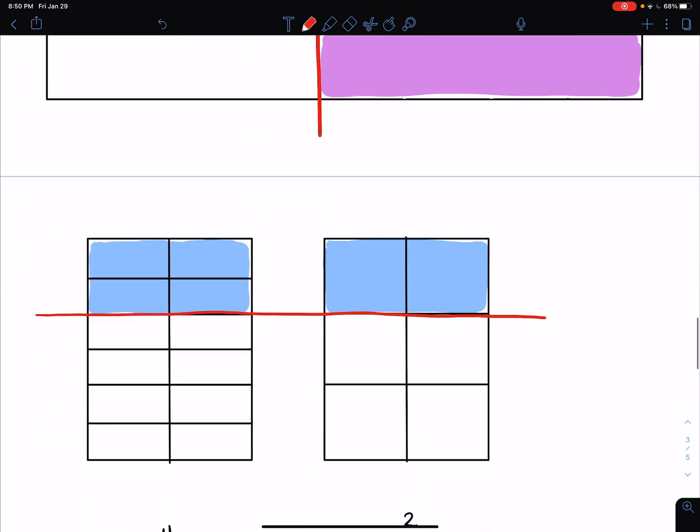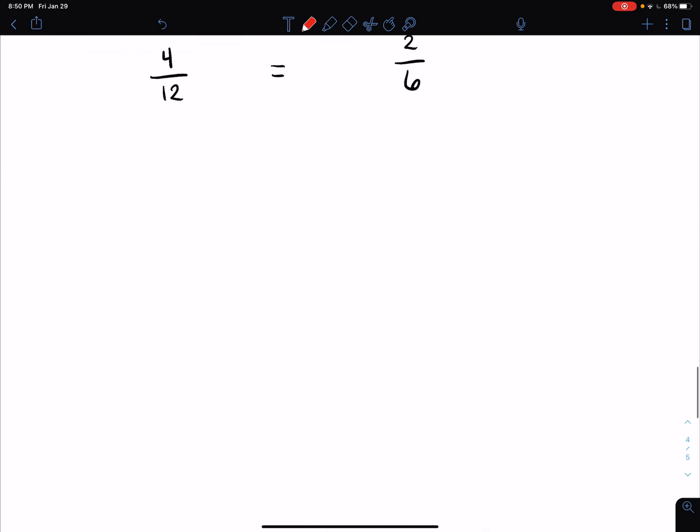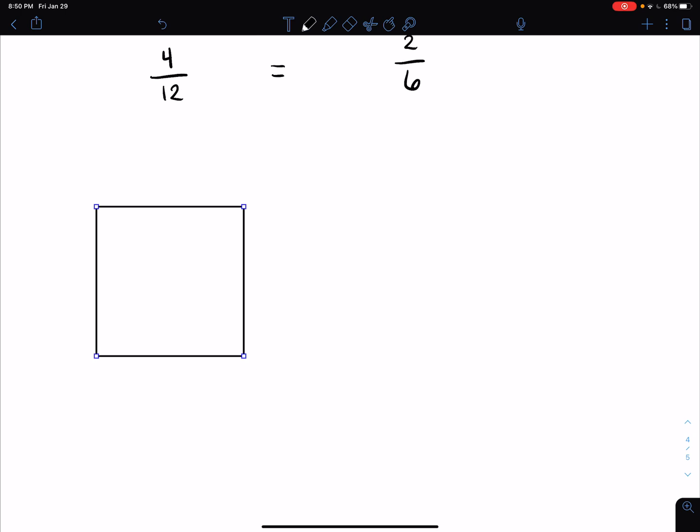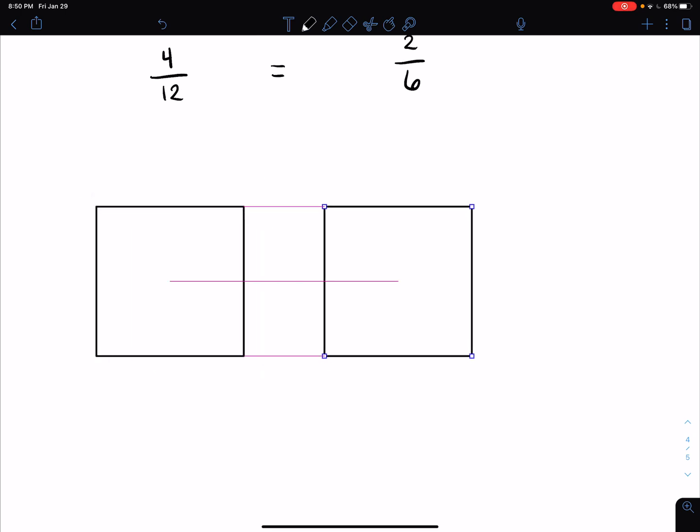Okay, so here's one more for you to try. Let's use a square. I'm going to divide it up like so.